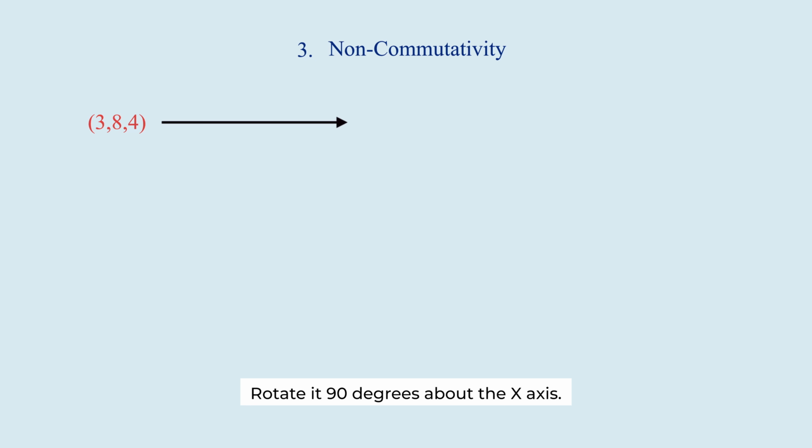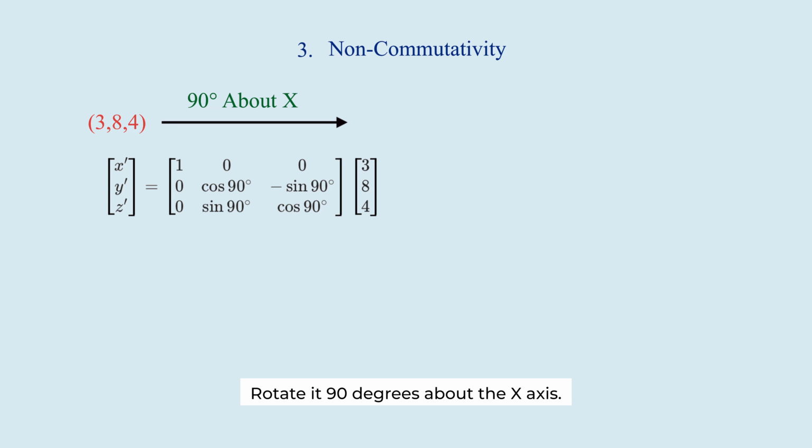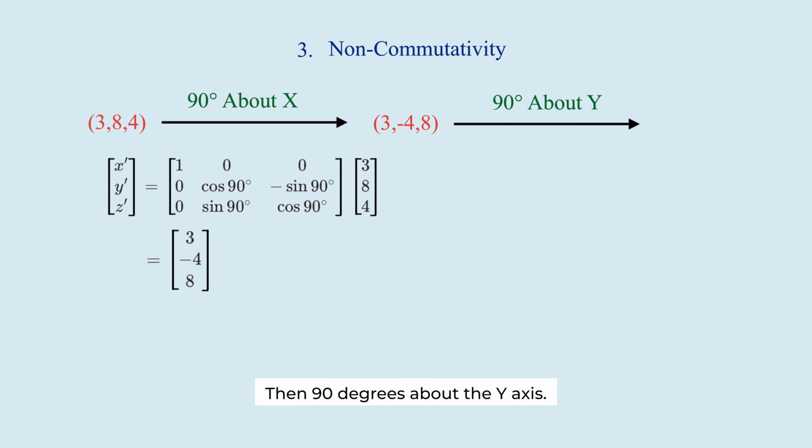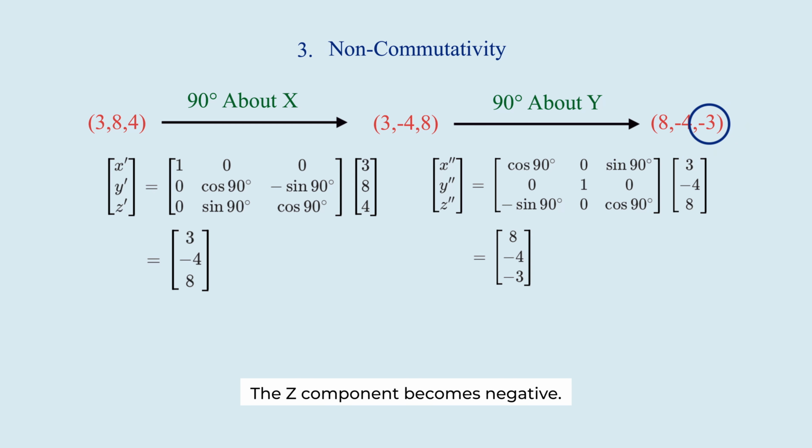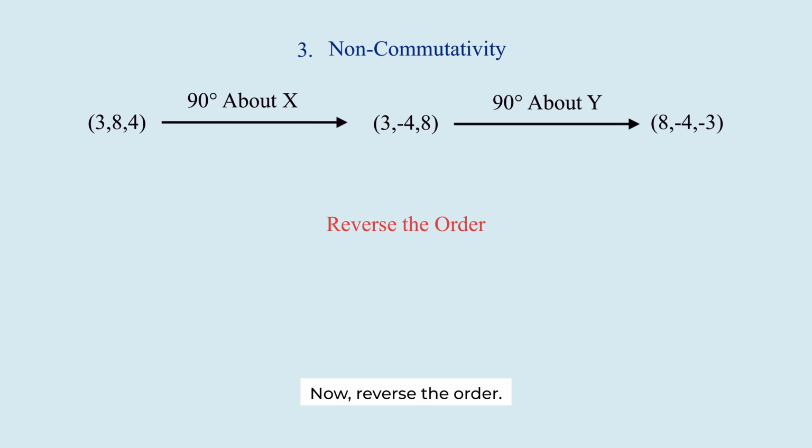Number 3. Non-commutativity. Rotate 90 degrees about the x-axis. Then 90 degrees about the y-axis. The z component becomes negative. Now reverse the order.